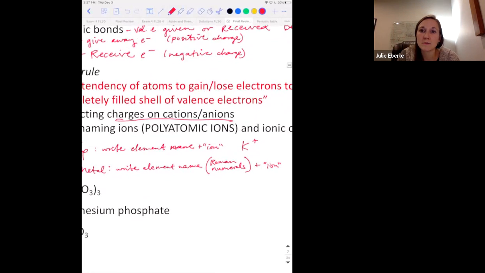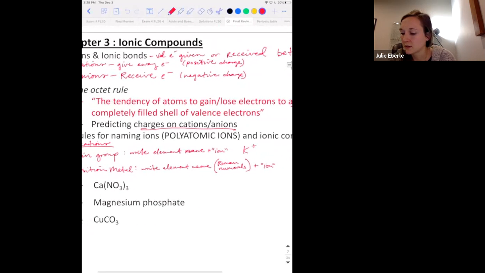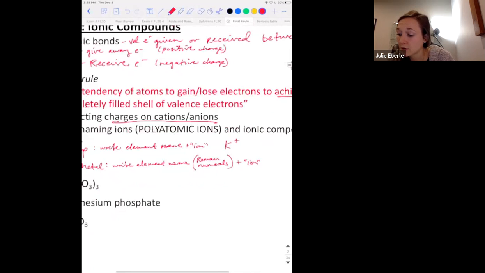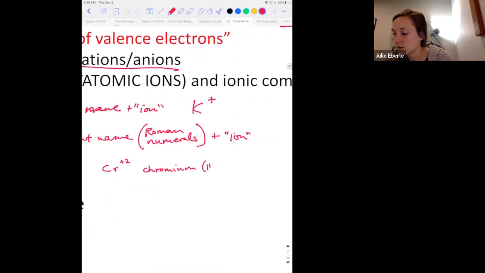This is because transition metals can carry more than one charge, remember? So chromium can be a +2 or a +3. Lots of different transition metals can carry different charges. So if we did have the chromium 2 ion, Cr +2, we would write it chromium (II) ion. Or if we were writing it into a compound, you would have to include the Roman numerals.